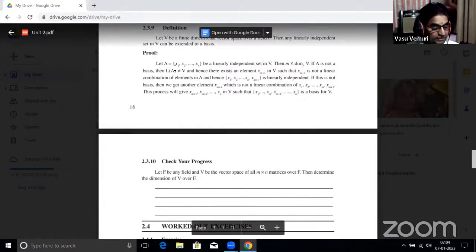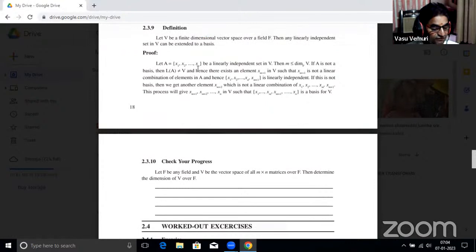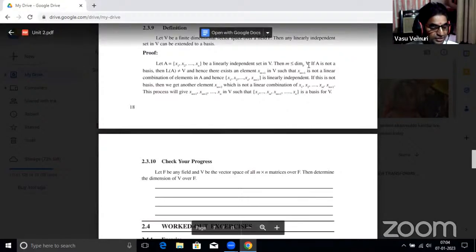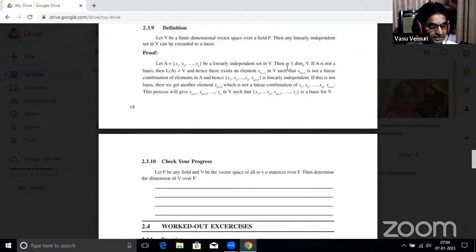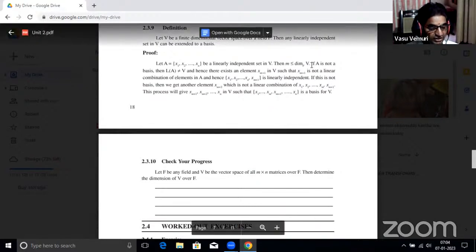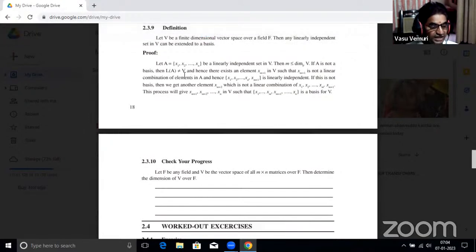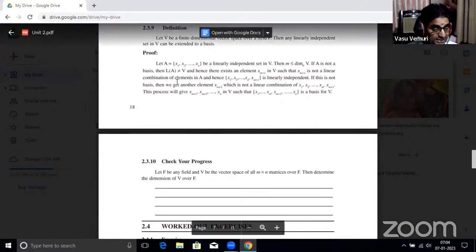First of all, what is the linearly independent set? The set of x1, x2, and so on, xm, sorry, that is a linearly independent set in capital V. Suppose m is less than or equal to the dimension of V over F. Here m is the number of elements, which cannot exceed the dimension of V over F. Because here L of A is not equal to V, that is not a basis, meaning it is not the linear span.